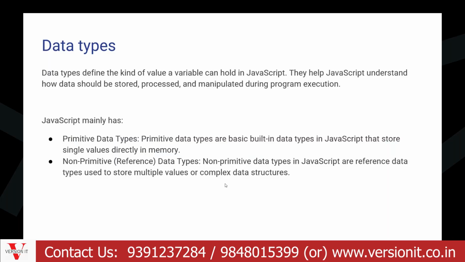Or if you want to store complex values, like an array, where I want to store some values, those are all non-primitive data types. Maybe once we see some examples, we'll get a better understanding.